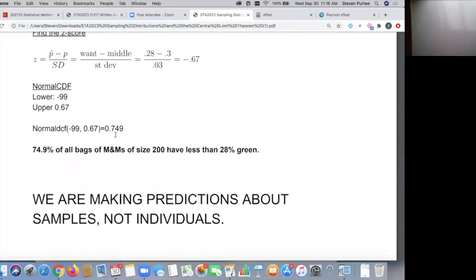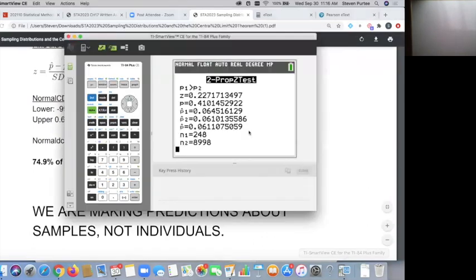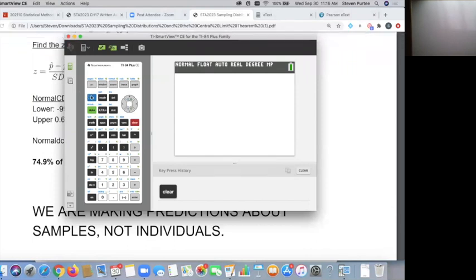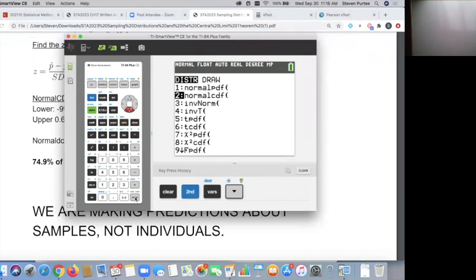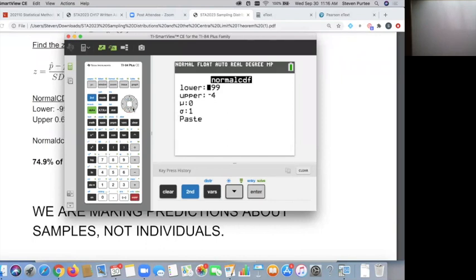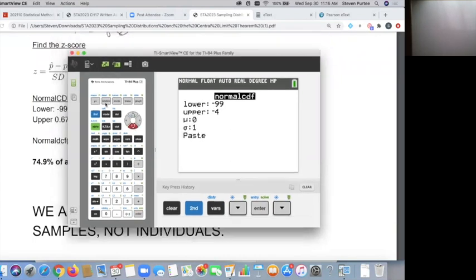So if you look at this later, you'll see the correct numbers here. Okay, so what we want, distribution, normal CDF, negative 99 to, was it negative 0.67? Yeah.